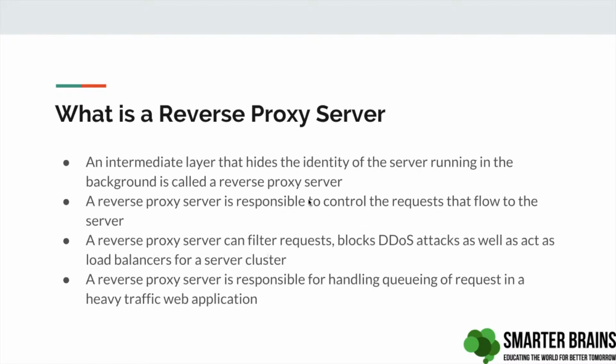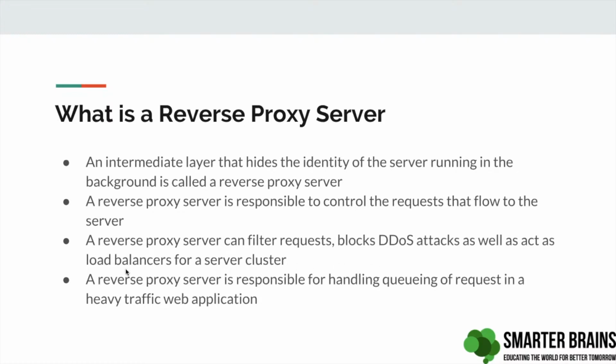Additionally, it is able to filter requests. For instance, if you wish to block some IPs or a particular country, it can do that right away. It can also block DDoS attacks as well as act as a load balancer on the server cluster. Let us say you want to limit the number of requests from a particular client. You can do that using reverse proxy servers.